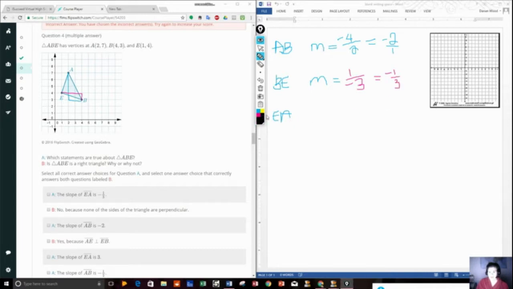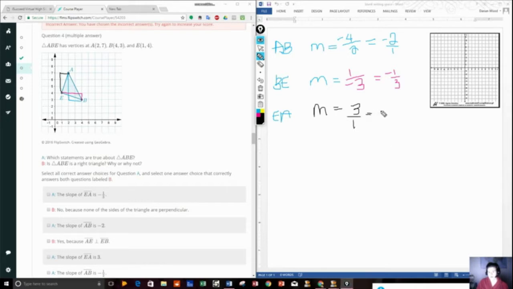And now for EA, the slope is 1, 2, 3. And since I went up, it's going to be positive. And then I went 1 over, and that was to the right.